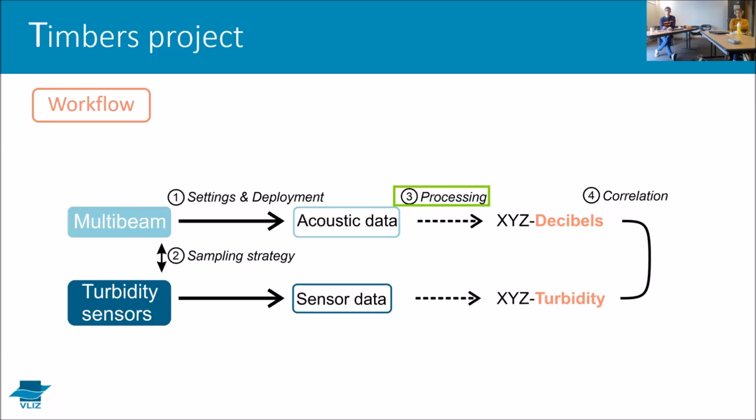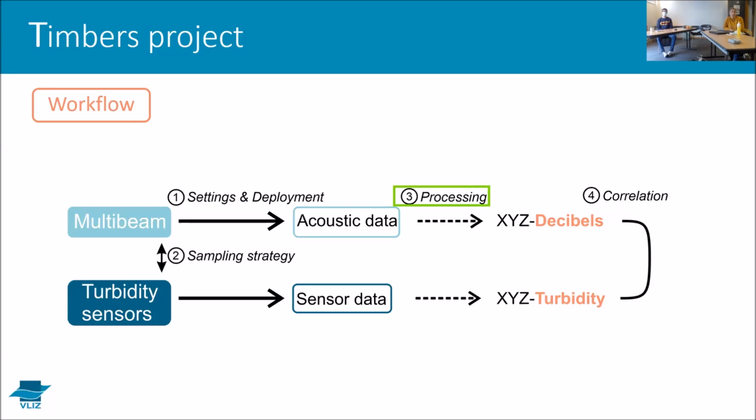Then we come to the processing part of the data, and that's where I leave you in the good hands of Nora, who will discuss everything related to processing. Yes, so in the Timbers project, the processing of large quantities of water column multibeam data is done in Sonarscope.